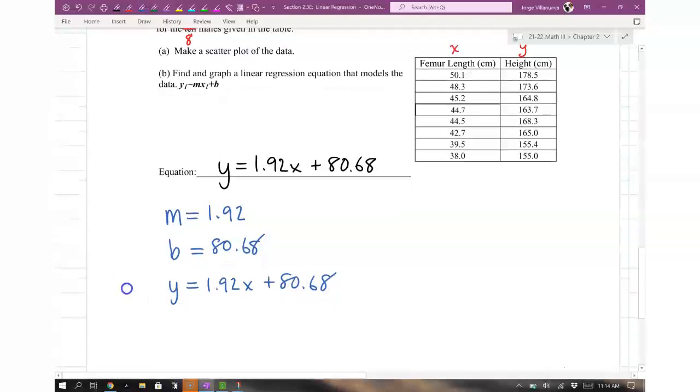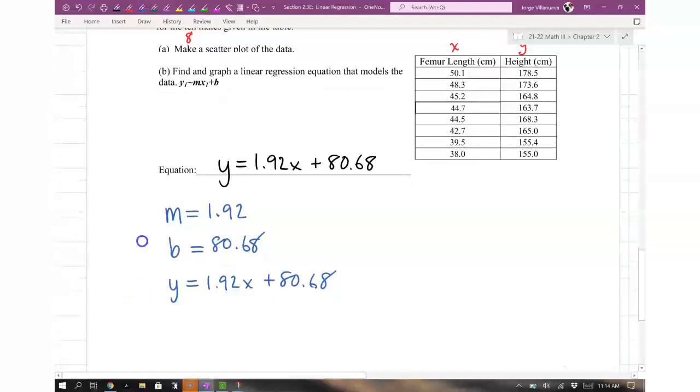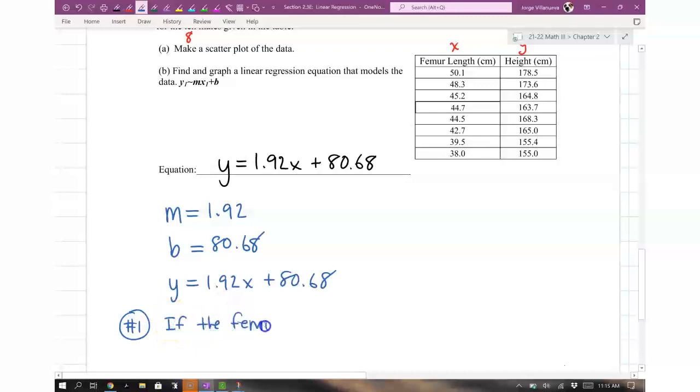Okay? So, one of the questions is going to ask you, so let me just kind of put number 1 here. One of the questions is going to ask you, if the femur, now remember, for your question, it's not about femurs, it's about soft drinks, okay? But we're talking about this one with bone. If the femur was 40 centimeters long, what was the height?